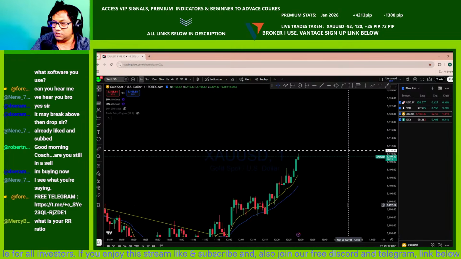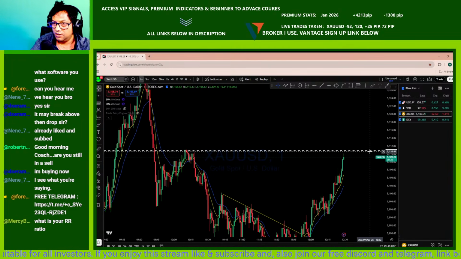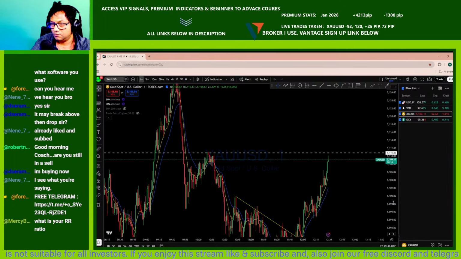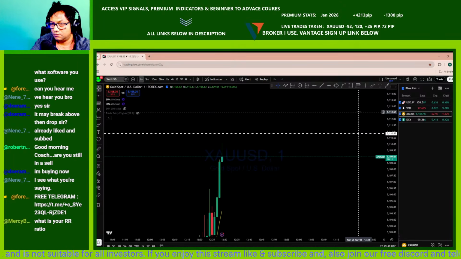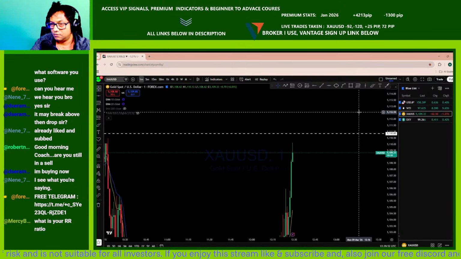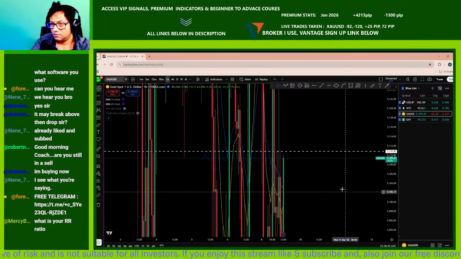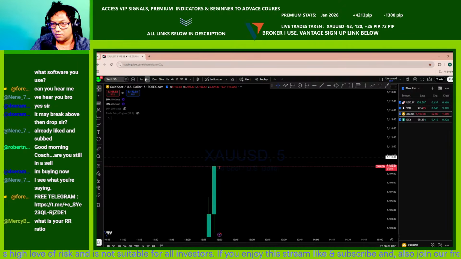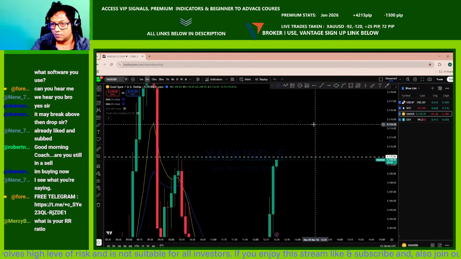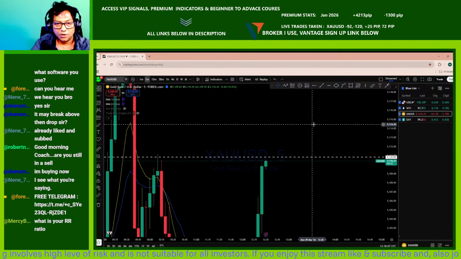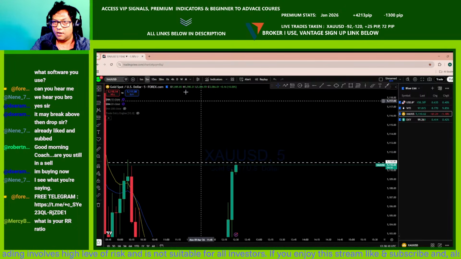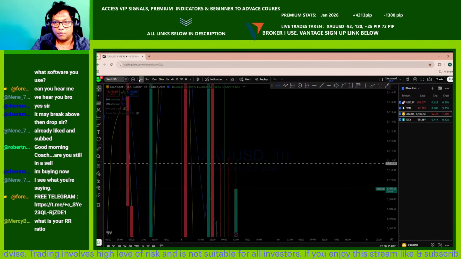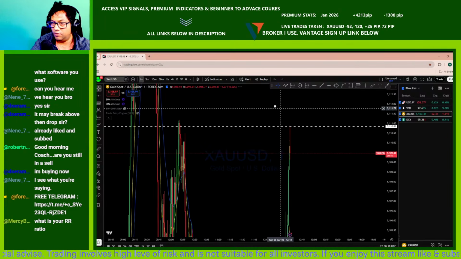Here is the move that you can see the market make from this reach of that resistance line here. Reached ultimately to this point, to this level of resistance.